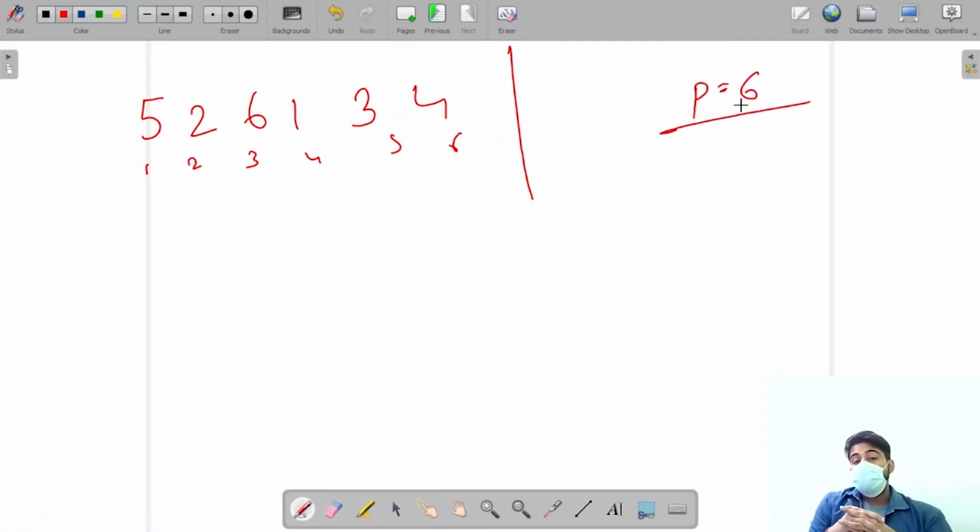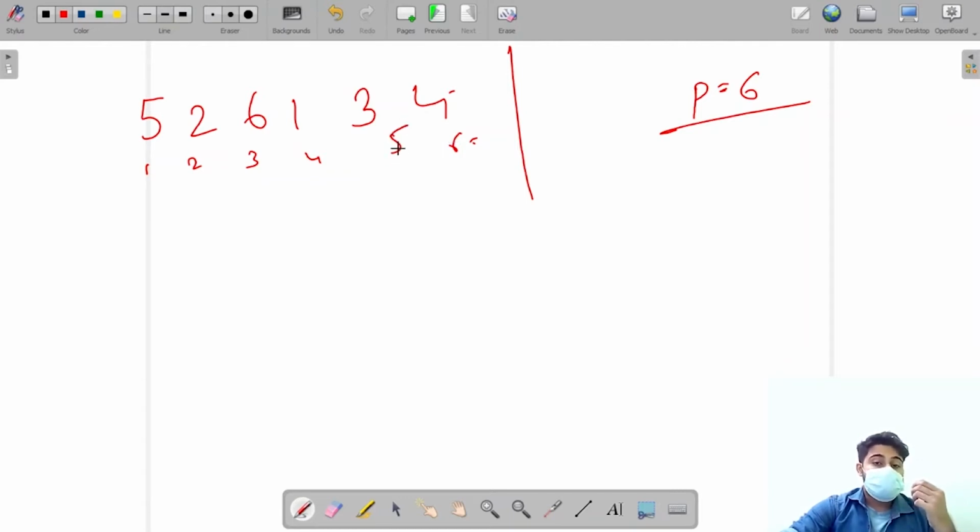According to our question, we need to swap this face value with this index value. So what we are going to do is find the accurate position of this index value using this face value. That means we can find the position of 6 in the correct output using this 4.